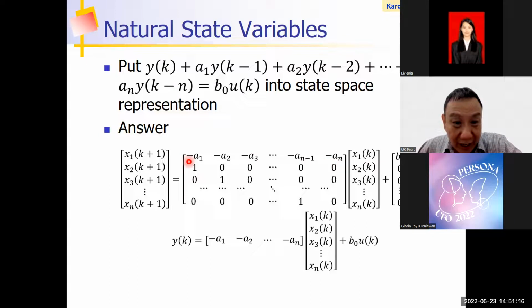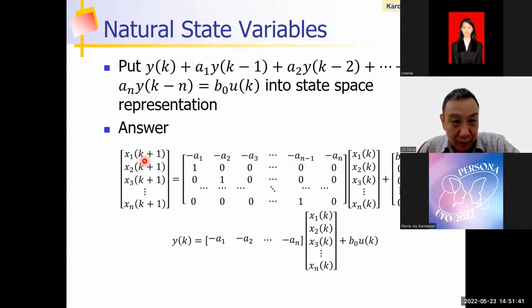So this is A1, and then A2 minus, again, minus A3 and so on until minus AN here. And then this part is like an identity matrix. And then the last part is just a vector of 0.